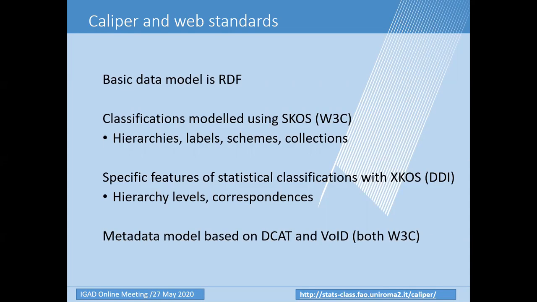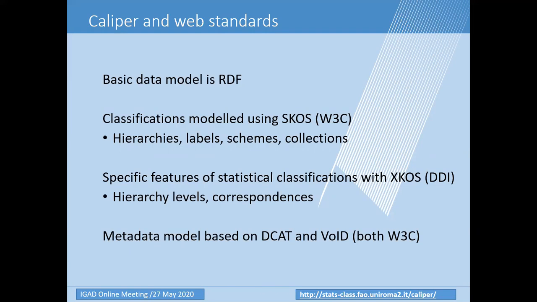that many standard components are used in Caliper. The whole data model is RDF, which is a recommendation of W3C, the consortium for web standards. The modeling inside for the classification comes from SKOS, which is again a recommendation from W3C.